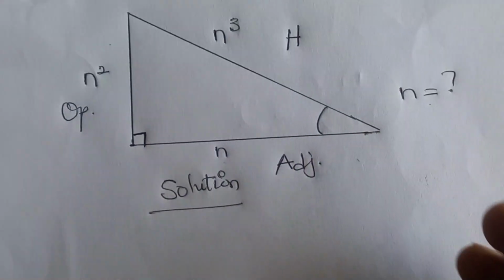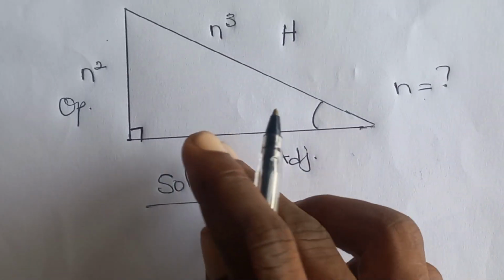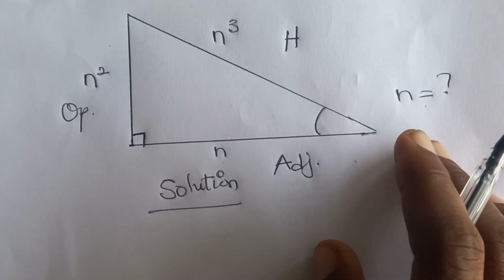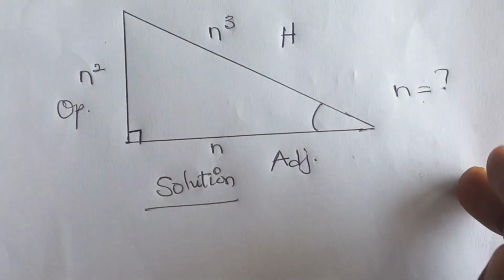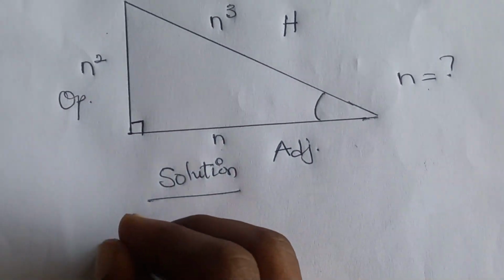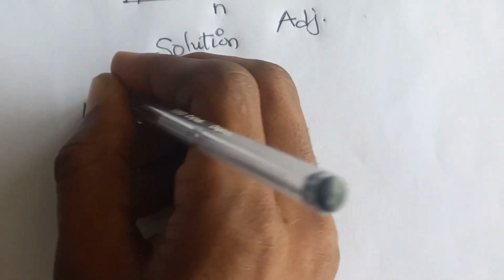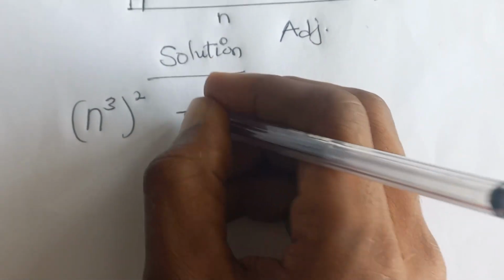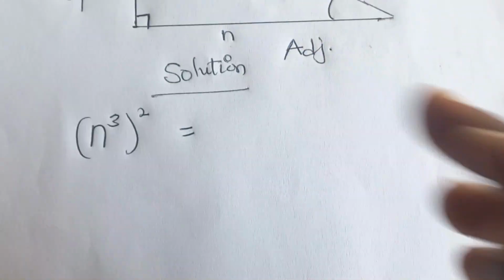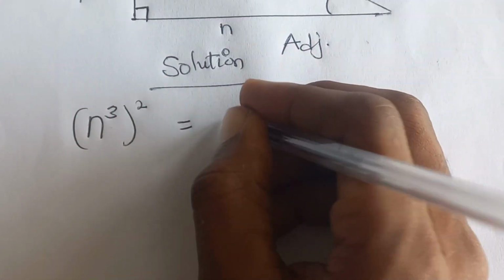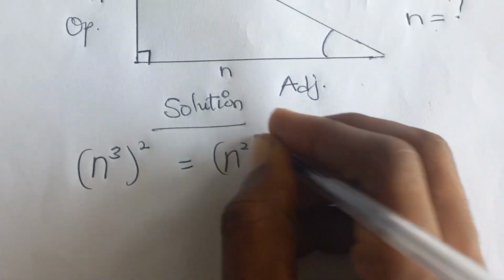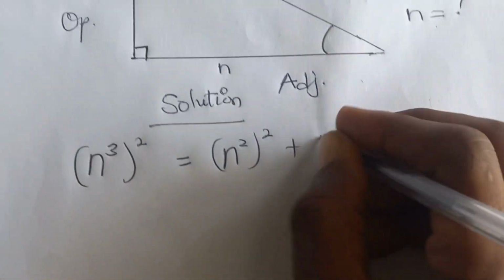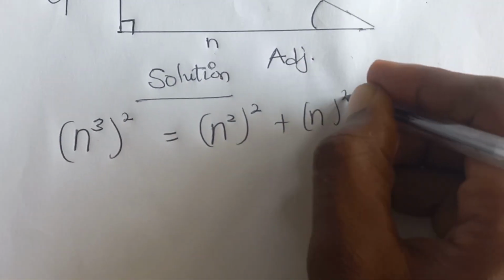So in this, I can solve it by using the Pythagoras theorem. And so we say that the longest side squared, so n power 3 all squared, is equal to the summation of the two shortest sides, which is n squared plus n all squared.